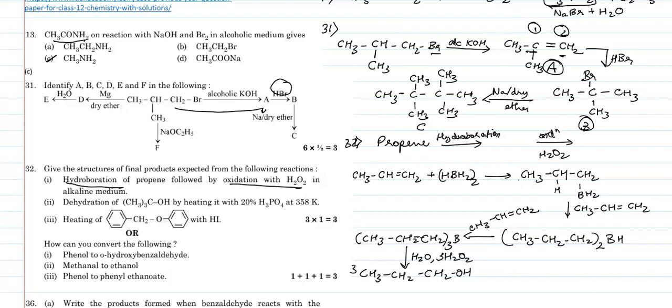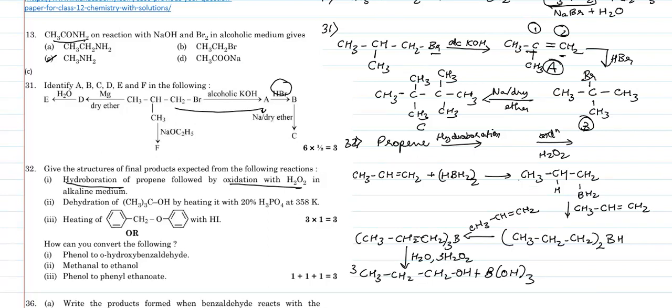So this is the direct reaction of the synthesis of alcohol. This is just given in your textbook. You just need to realize that the hydroboration is basically the reaction of propene with HBH2 taken twice.